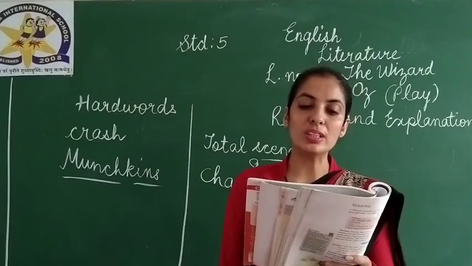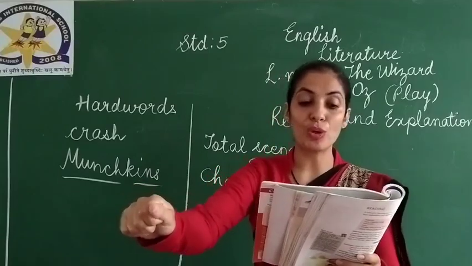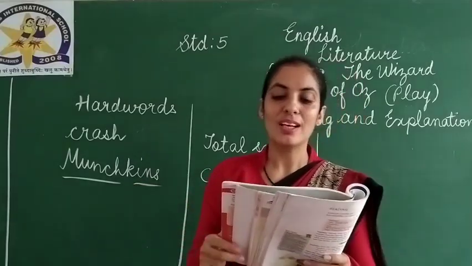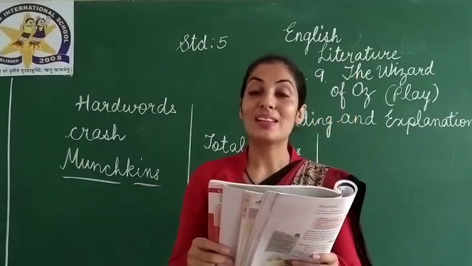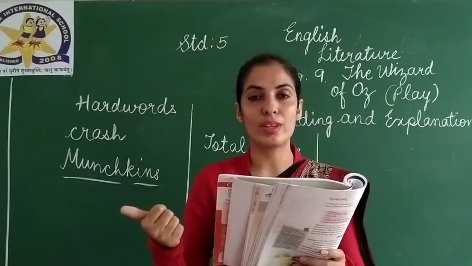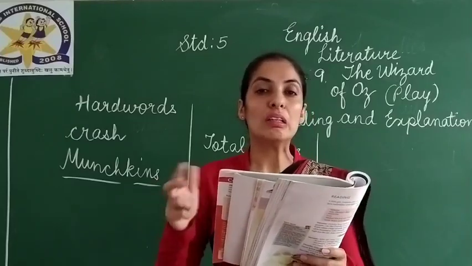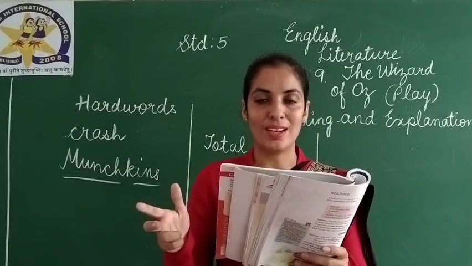Handing over the silver shoes, she says, here, take these silver shoes of the Wicked Witch of the East. They are yours now. They are magical. So the Wicked Witch had silver shoes with which she was doing all her dirty magic.